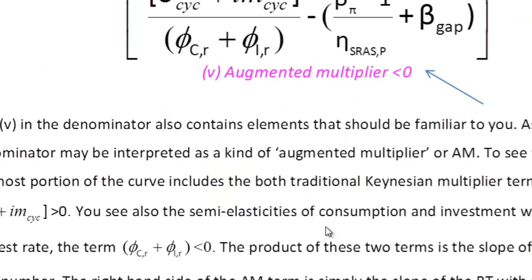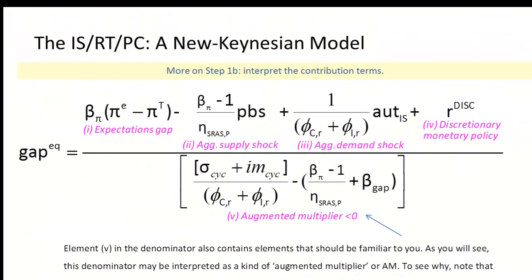Now let's skip ahead and look a little bit more closely at the augmented multiplier. What's here? Well, in this numerator we have our two familiar terms, the marginal propensity to save and the marginal propensity to import. And down here we have our two familiar responses of expenditures, consumption and investment, to changes in the real interest rate.